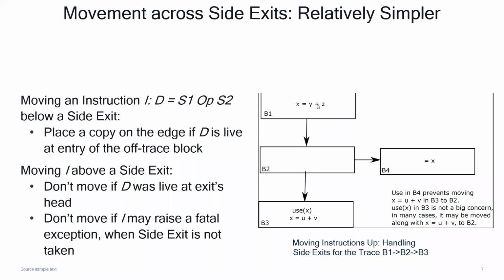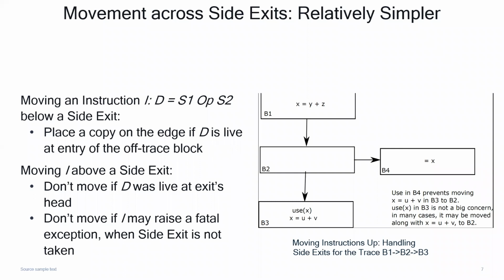So what we have to do is place a copy of this definition at the side exit also, right? We have to do it only when x was live in at the side exit, at B4. Suppose x was not at all live at the beginning of B4, then we can surely move this, right? Why is that?